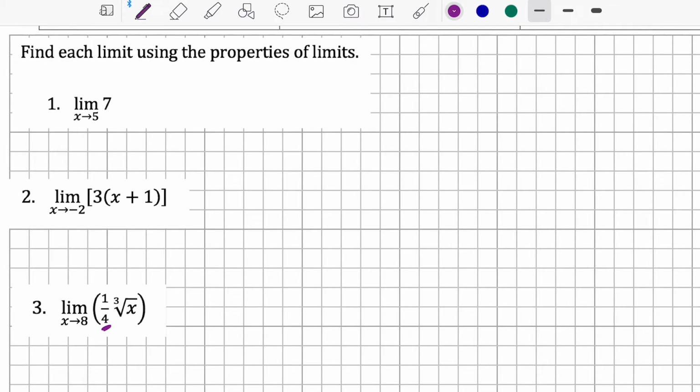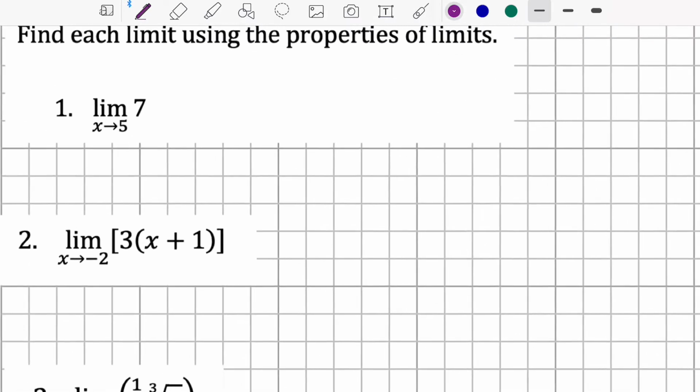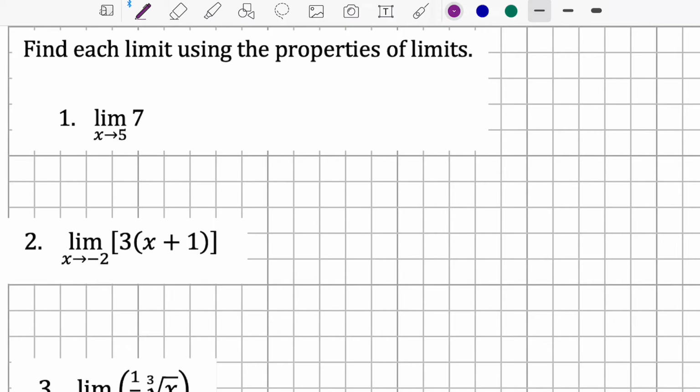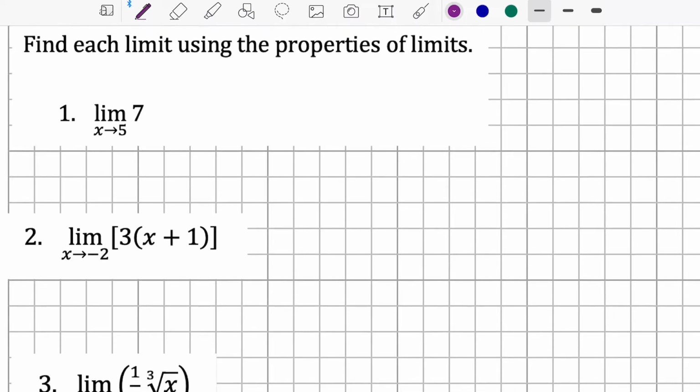Okay, so now that you finish reading all those properties of limits, let's evaluate some limits. This time we're not going to use a table, and we're not going to use a graph, at least not yet. But according to the theorem from the previous page, if I look at this 7, that's a constant.